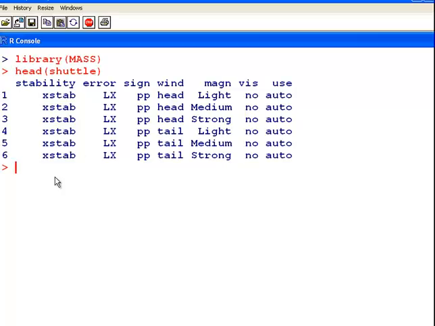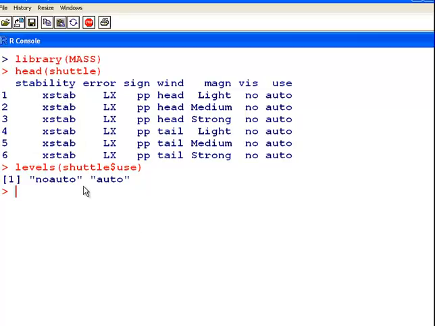Let's just check that actually. So levels of shuttle use. Okay, so this is a factor variable. No auto and auto. Now actually what has happened here is that if you write that in, you might see them in reverse order. If you're doing this from scratch, you might see them auto and no auto.